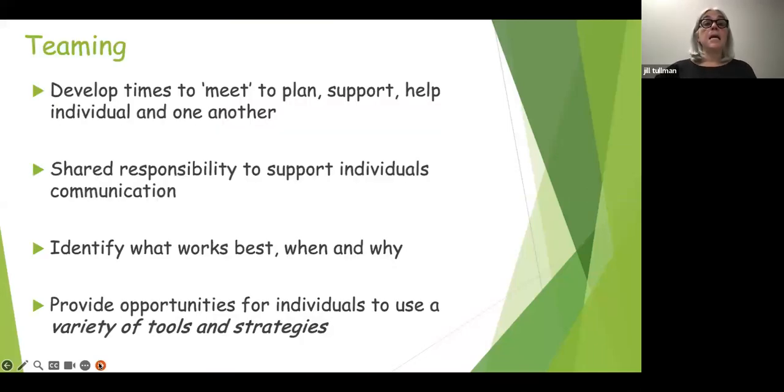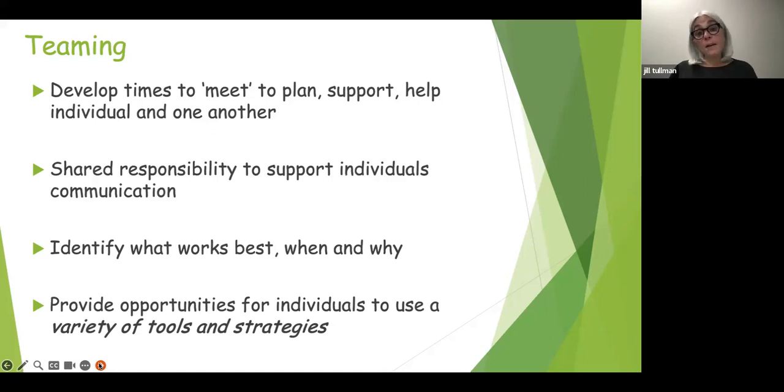For teaming, again, it's important to develop time to meet, to plan, to support, to help the individual and to help one another. I think I talked about this in response to your question, Kirsten, that really is shared responsibility to support individuals' ability to communicate.